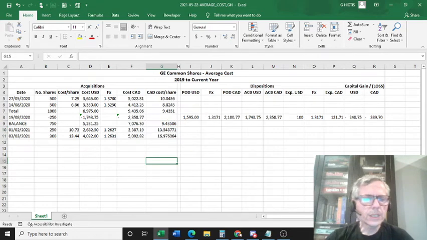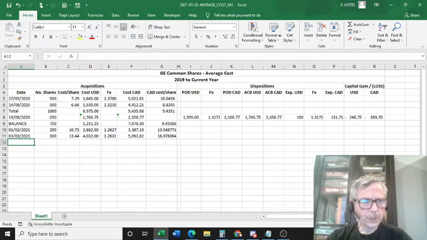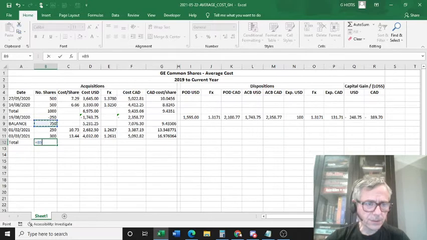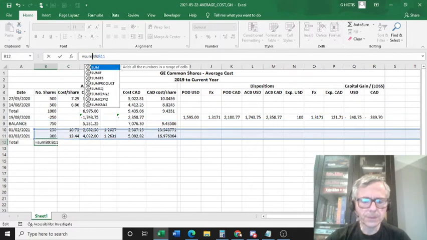Now, let's say in 2021, we decided to sell some shares again. So what I have to do is do a total, from my last balance to my latest acquisition.